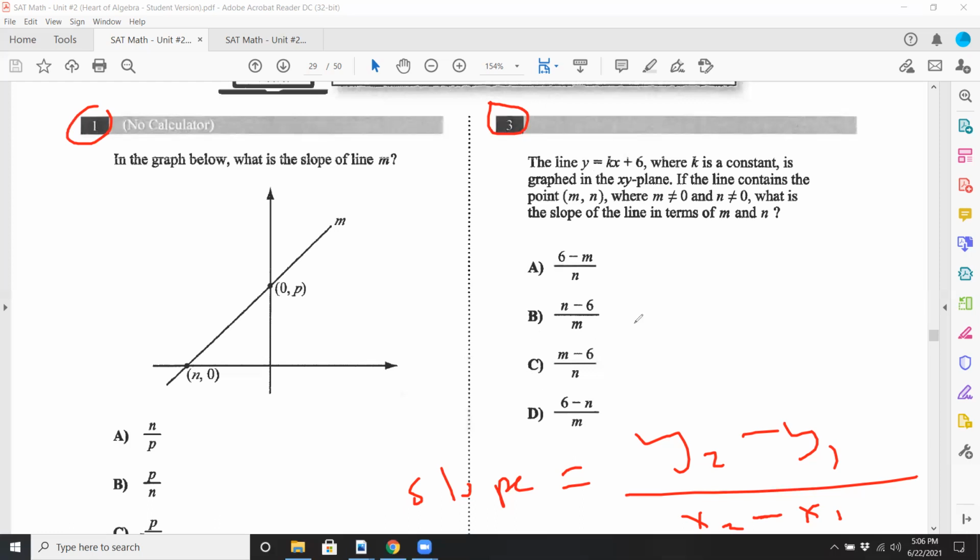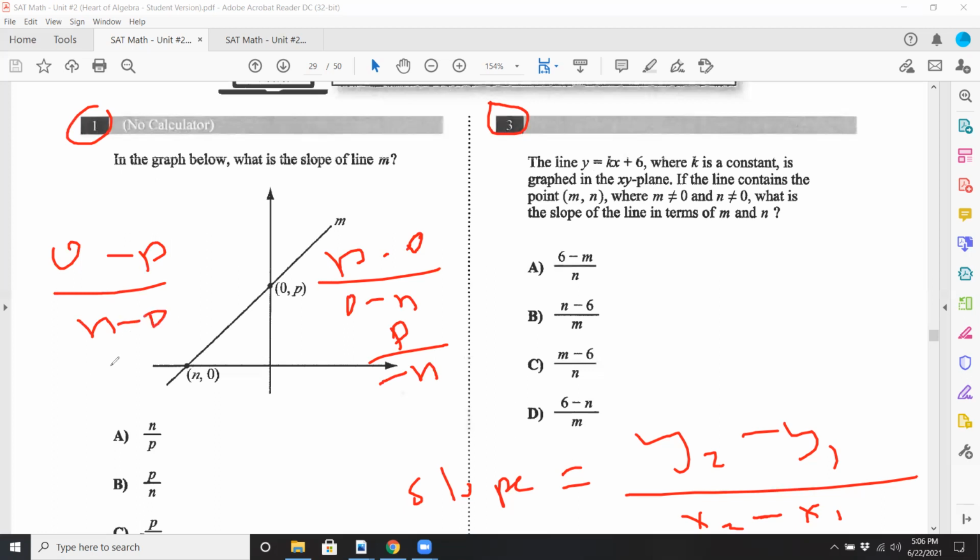Okay, for number one, you should be getting P minus 0 over 0 minus n, which is P over negative n. Or you could have done 0 minus P over n minus 0.